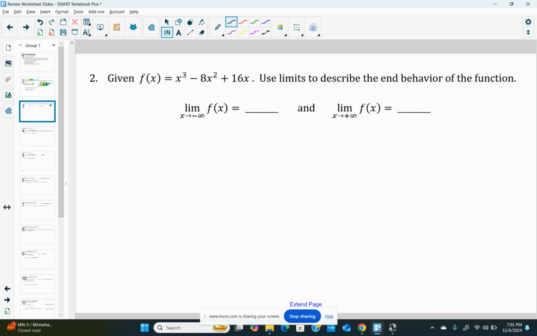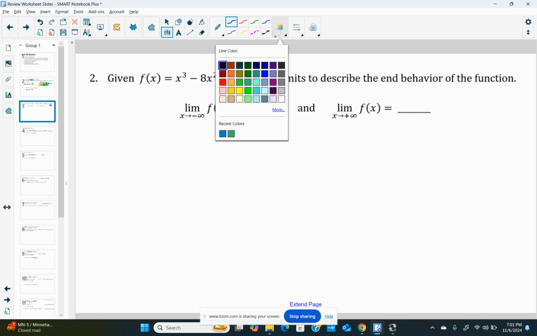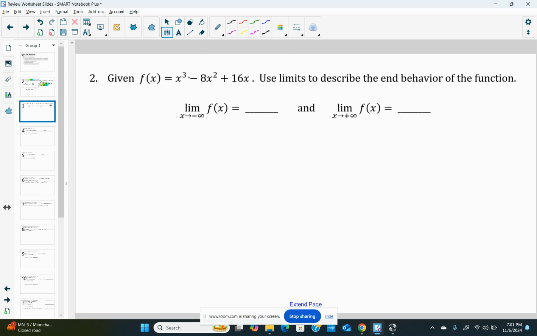Number 2 says, given f of x equals this function, use limits to describe the end behavior. And so remember, we're not doing this with a graphing calculator, so you need to know about the degree being odd means one branch is up and one branch is down. And then the a value is positive. Okay, so our a sub n term is greater than 0 and our degree is odd.